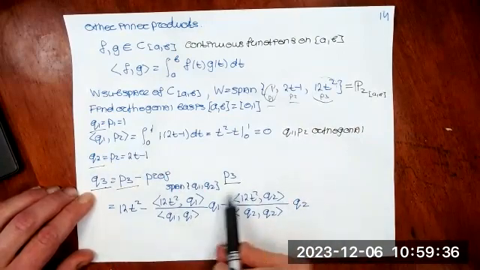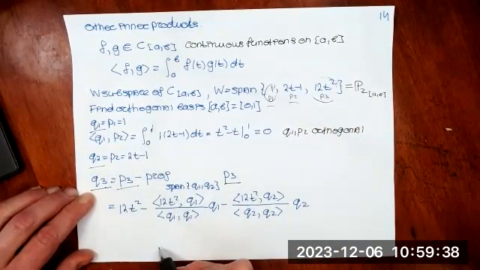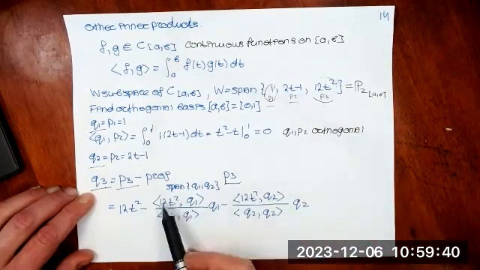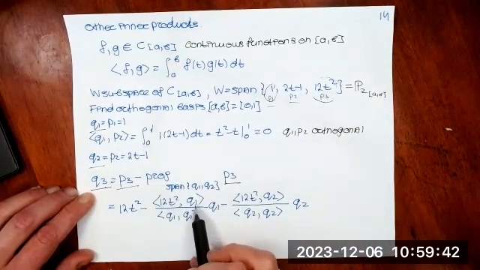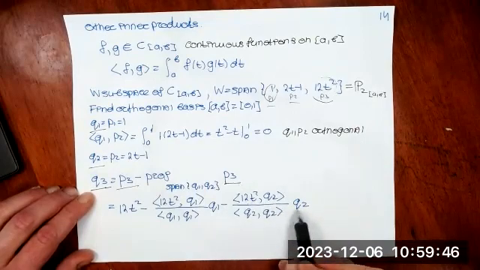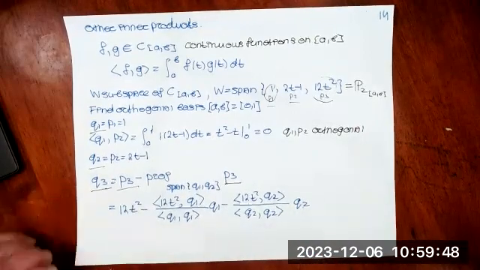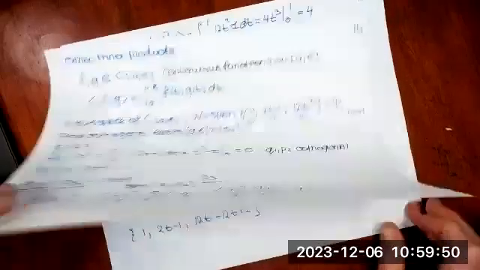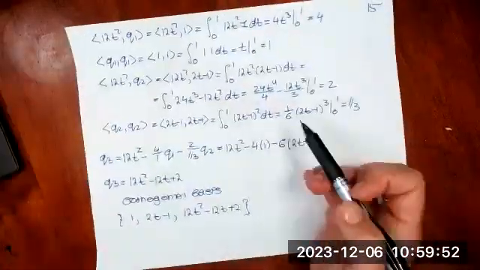Again, you're doing it with inner products. You're taking your P3, projecting it onto Q1, projecting P3 onto Q2, and subtracting it from P3. Except now your inner products are defined in terms of integrals.